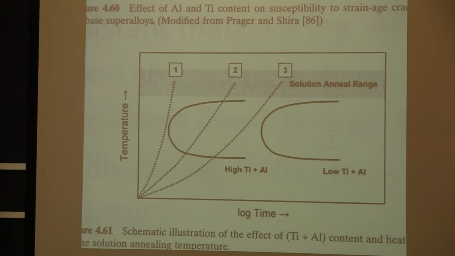And so with a high titanium and aluminum alloy, that curve is actually over here, whereas with a low titanium and aluminum alloy, it's over here. And so it's much easier with something like alloy 718 to heat it and miss that curve rather than something that has high aluminum and titanium. You've got to heat it much quicker to miss the nose of that precipitation curve.